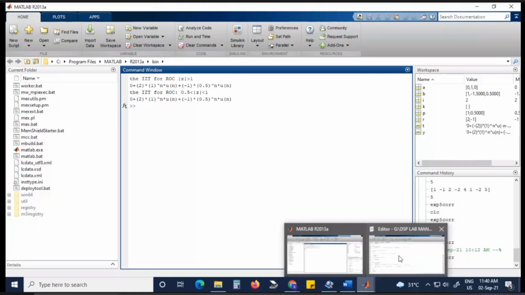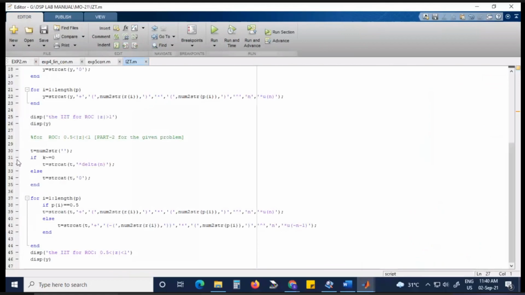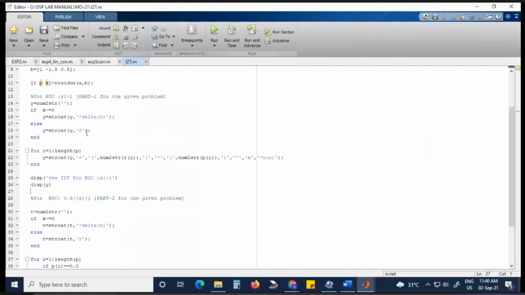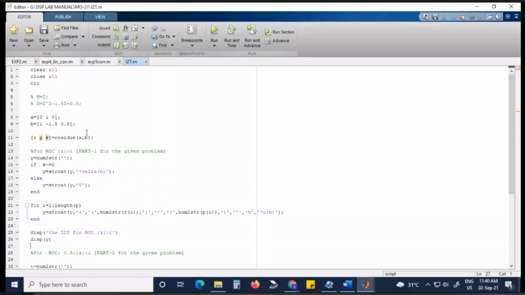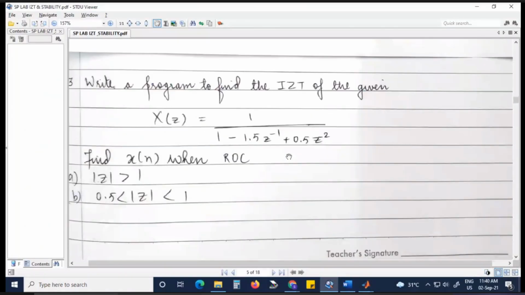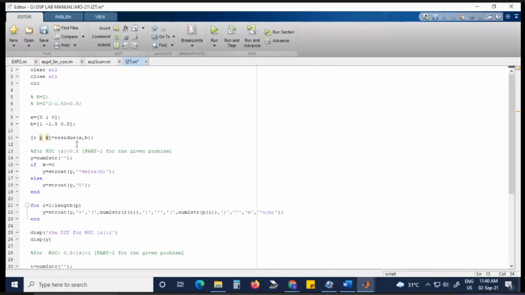Let me correct it, I'll show the updated program. ROC greater than 0.5, no, mod Z greater than 1. Mod Z greater than 1, this is the output.